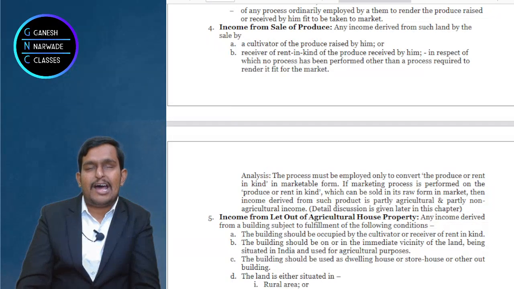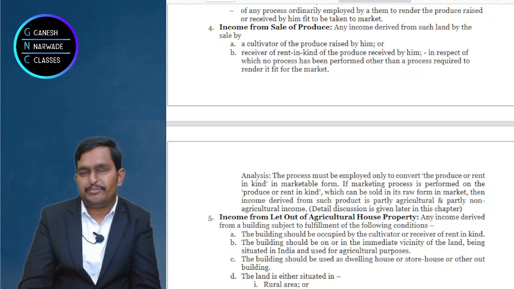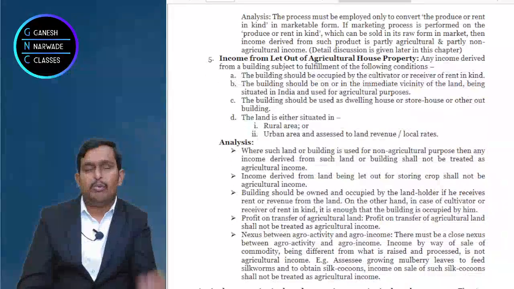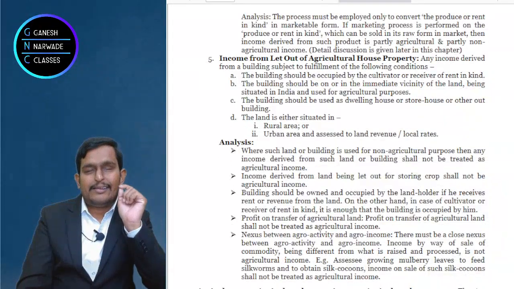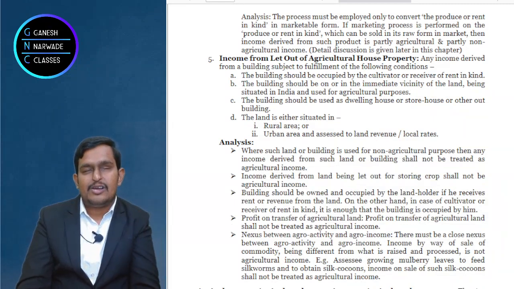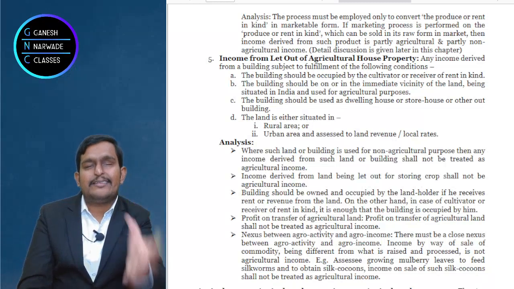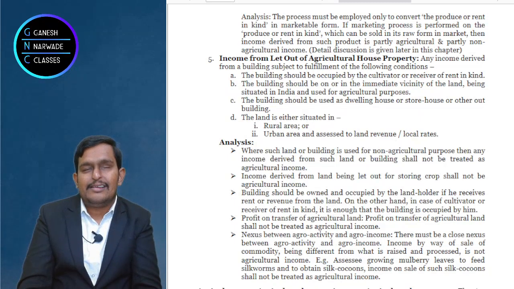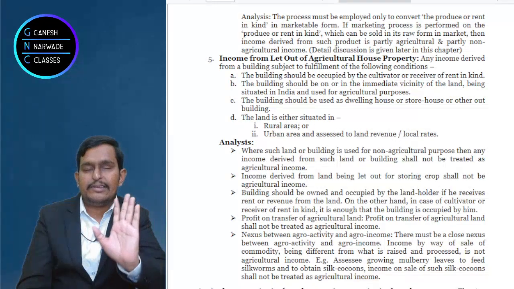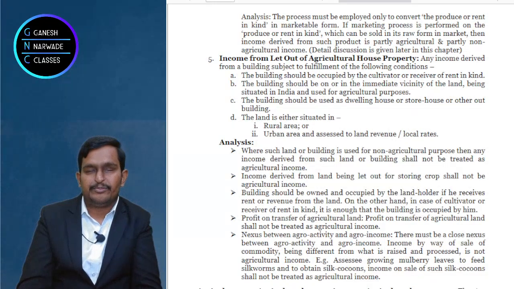But if you sell urban agricultural land, then it is taxable. In both cases, remember, income from sale of agricultural land, or even, for your reference, sale of a building attached to the agricultural land, is not agricultural income. Usko agricultural income nahi bolne ka. No, we will not say.